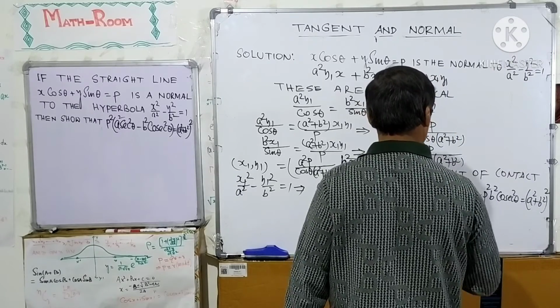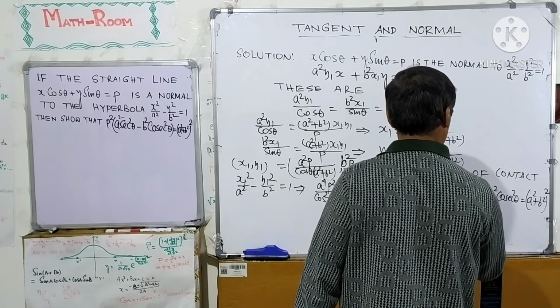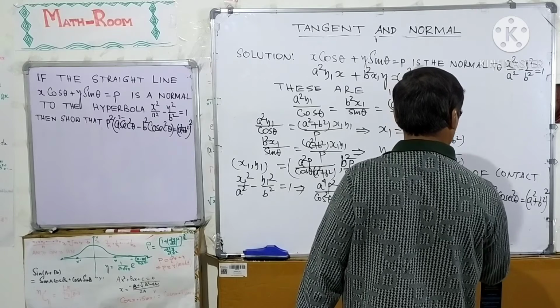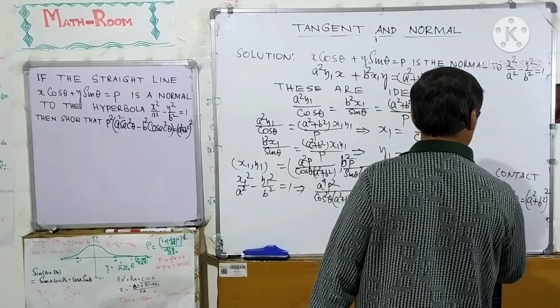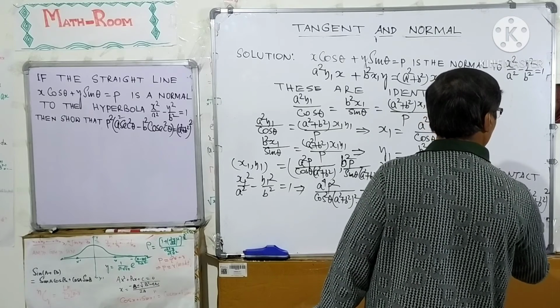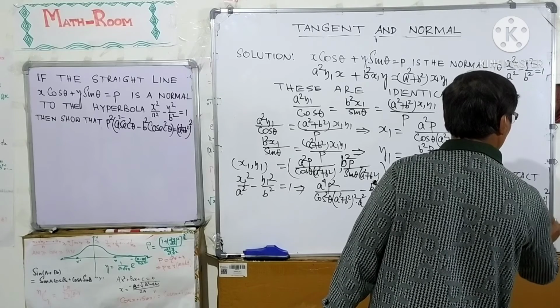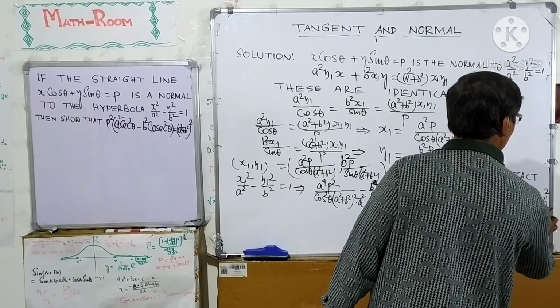So, we can write p square into a square sec square theta minus b square cosec square theta equal to a square plus b square whole to the power 2.